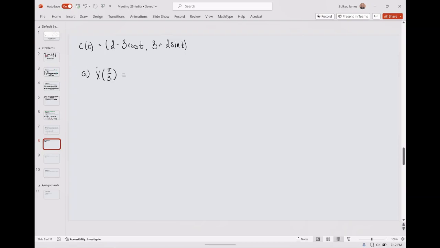What is the derivative of x? Three sine of t, evaluate that when t is pi over 3.